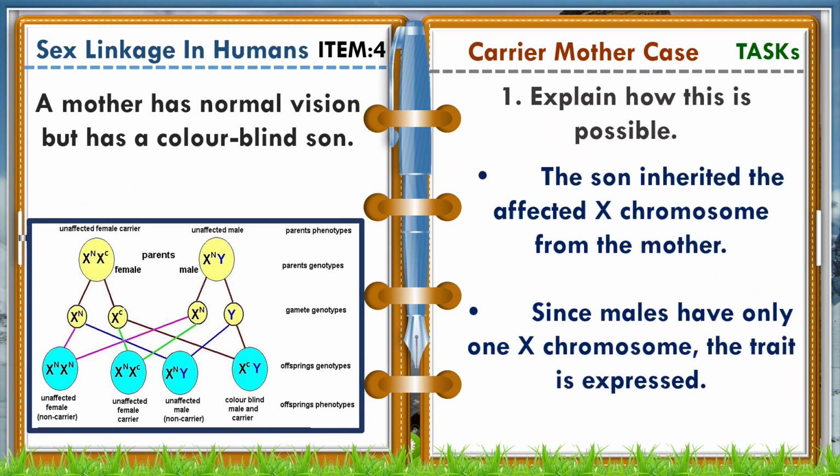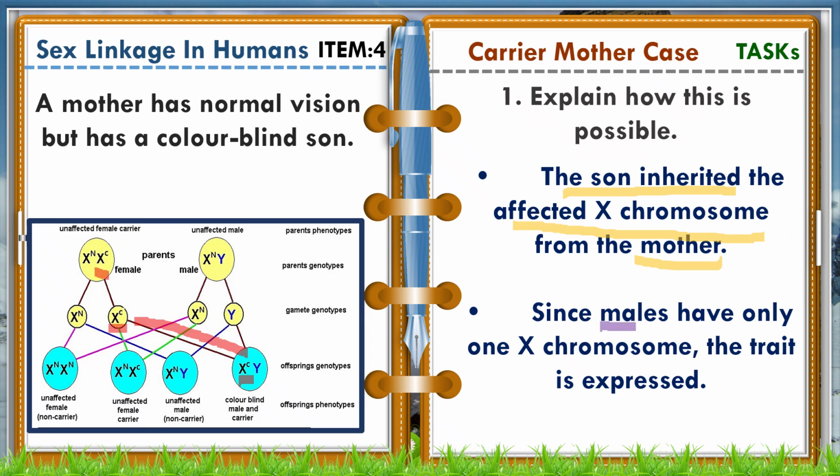So here we say that the son inherited the affected X chromosome from the mother. We are seeing our son here with the affected sex chromosome, and this chromosome came from the mother. So the boy inherited this affected X chromosome from the mother.